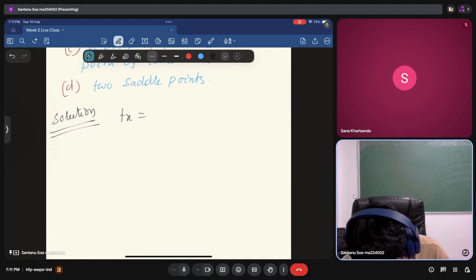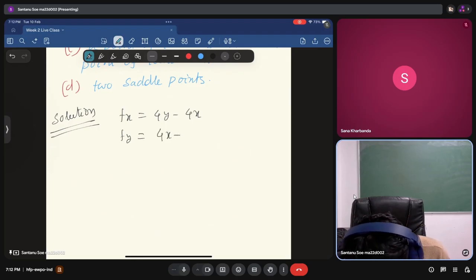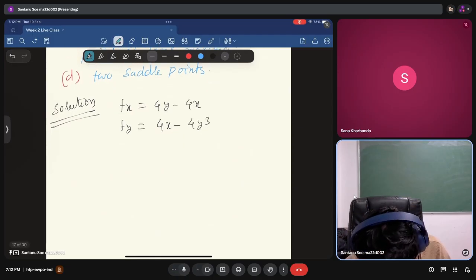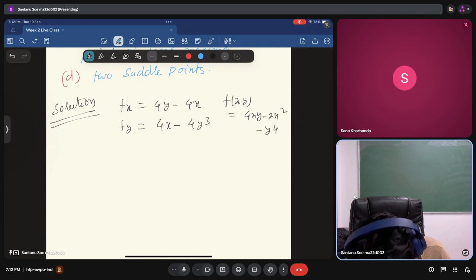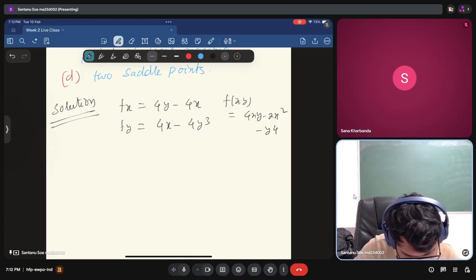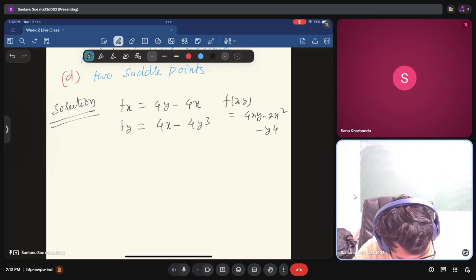The partial derivative with respect to x will be 4y minus 4x, and the partial derivative with respect to y will be 4x minus 4y cubed. I think these are correct because f(x, y) was 4xy minus 2x squared minus y to the power 4. So fx will be 4y minus 4x and fy will be 4x minus 4y cubed.